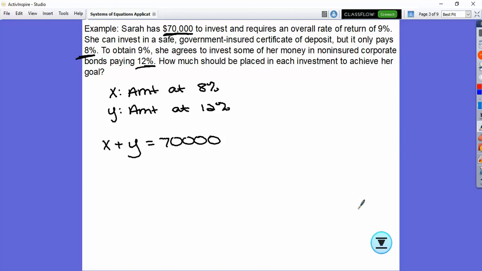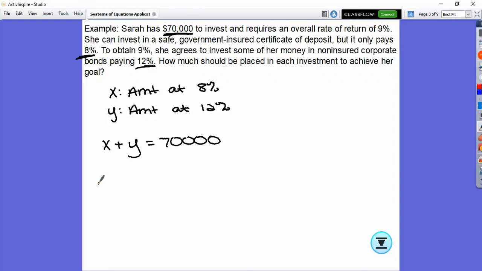Think about the interest. X is the amount at 8%. If it's earning 8%, how would I find the interest? Okay. Think about interest. We've found that many times.